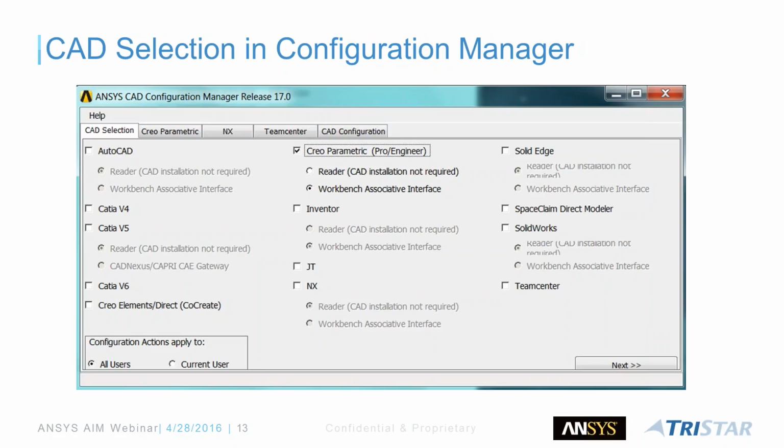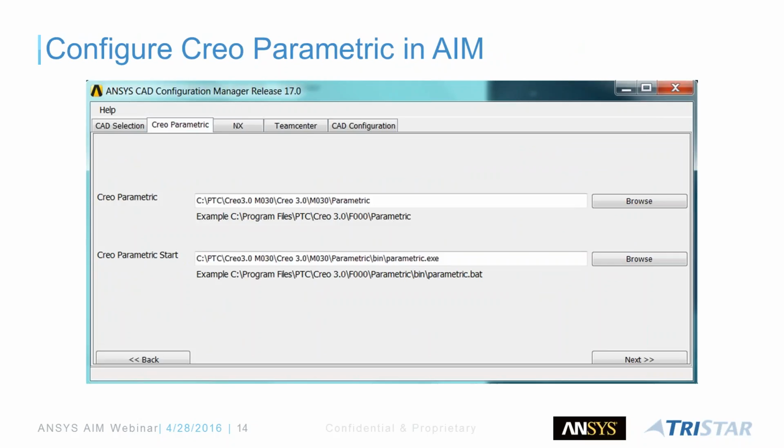And once you do your CAD selections, you essentially have to specify the installation folder and the startup batch file. The executable for Creo, as you can imagine, is parametric.exe.